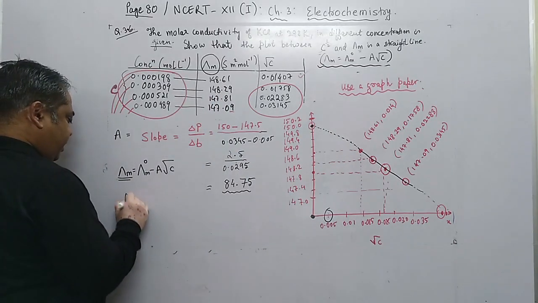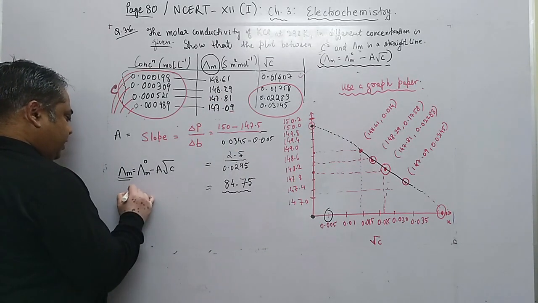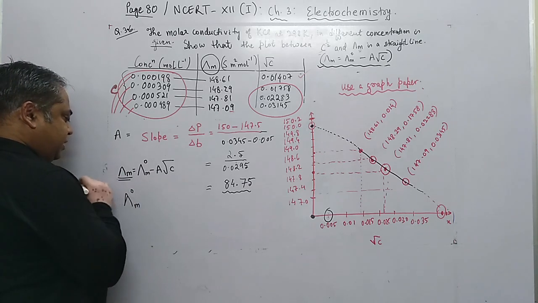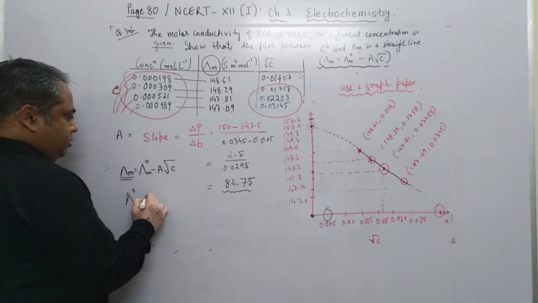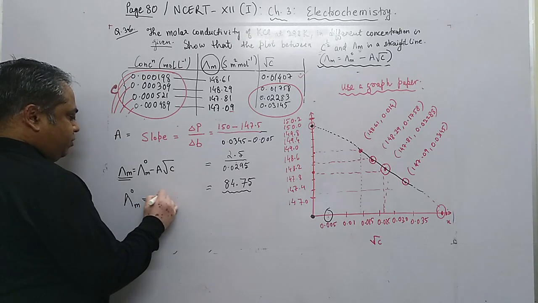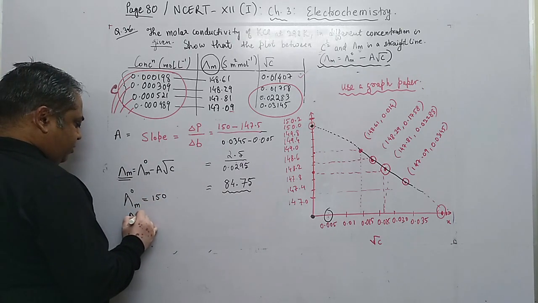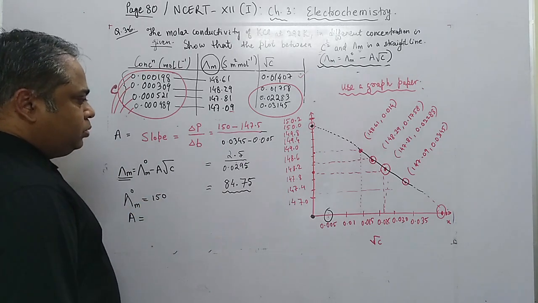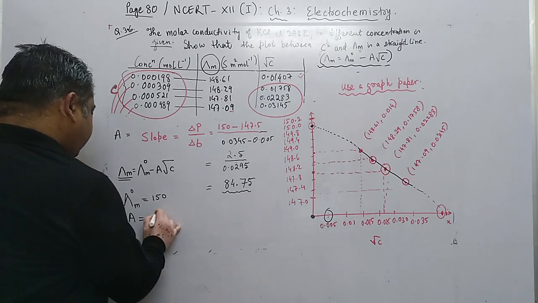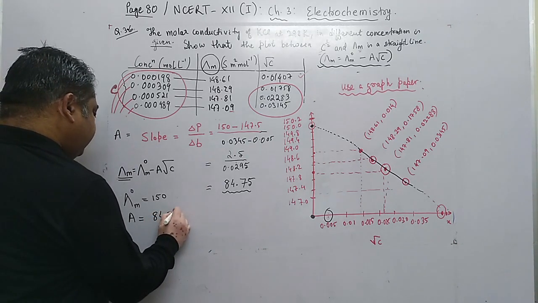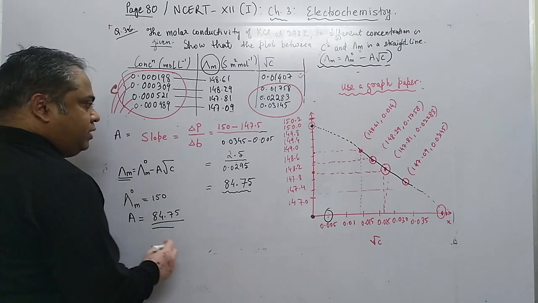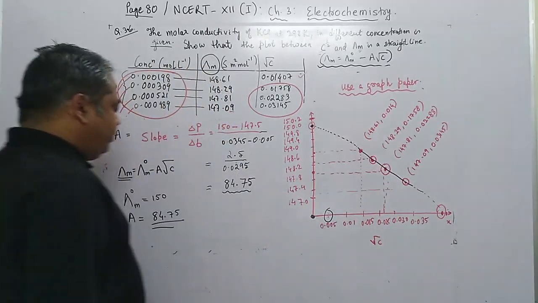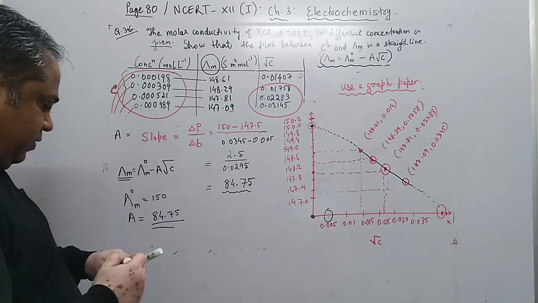So lambda m when infinite dilution takes place and concentration is 0, this is equal to 150, and value of a corresponding to this is equal to 84.75. So with the help of this straight line or slope, we can find out the value of a, which is given in the question also.